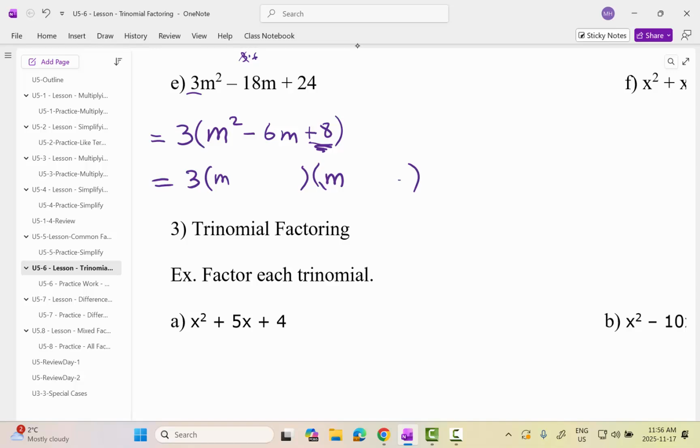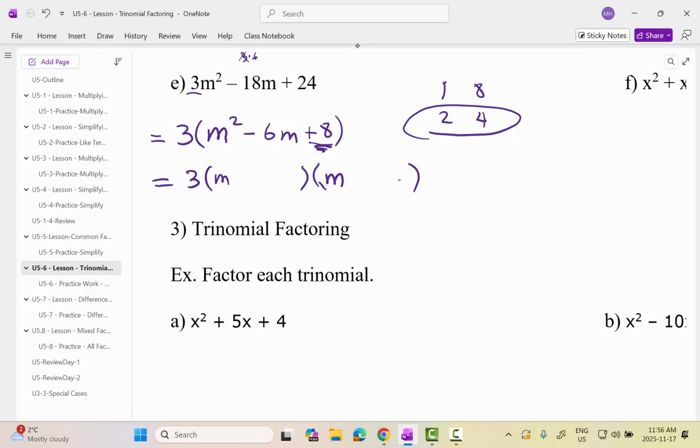So what multiplies to 8? Start with 1 and 8, 2 and 4, and then that's it, right? 3 can't work. 4 we already have, so that's good. Now, which pair can add up to -6? 2 and 4, right?